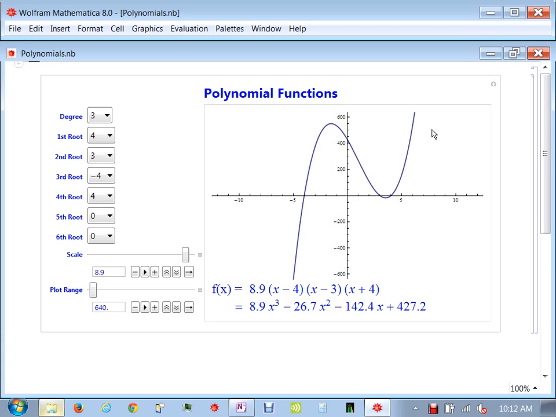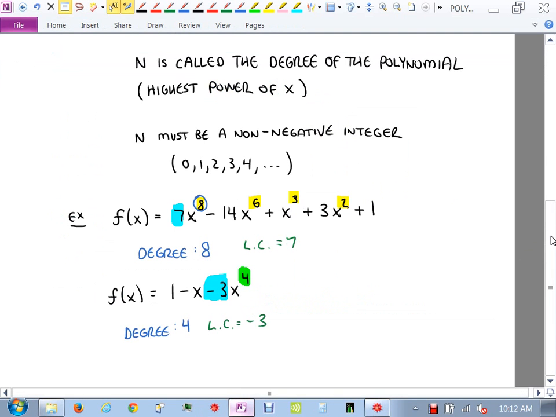Okay? So we can actually do that with what we know right now. And it's called the leading coefficient test.